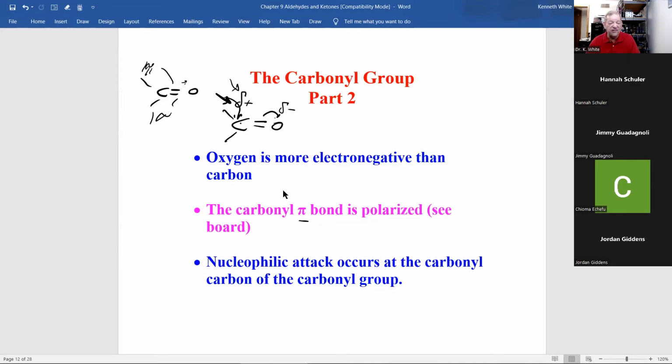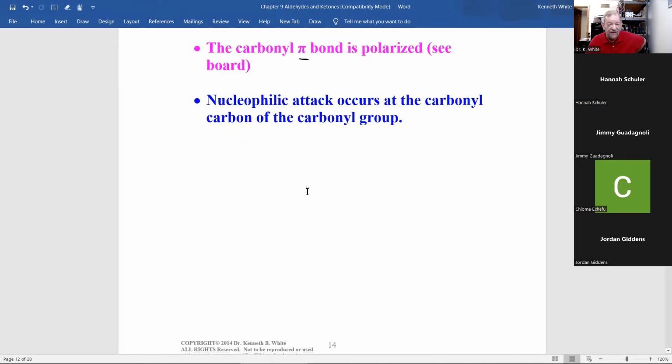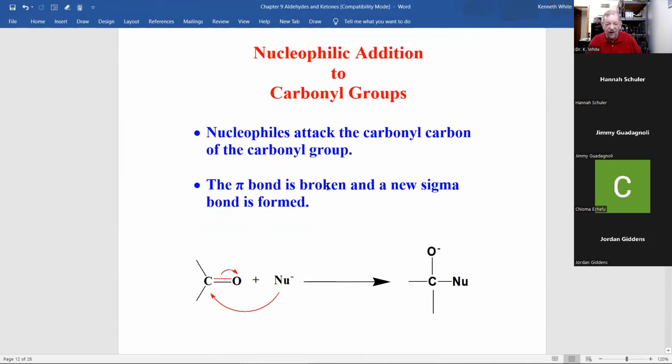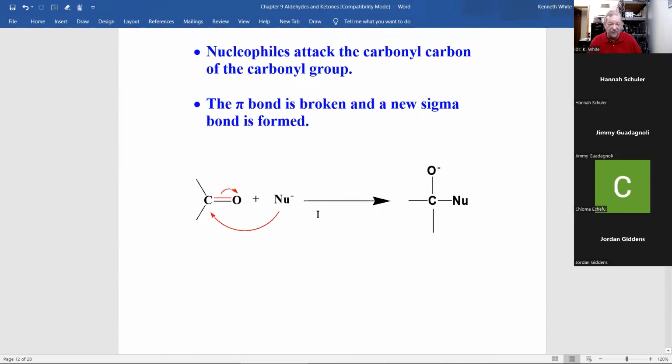And what happens is the electrons go to the oxygen. The switch is still off, and we call this nucleophilic addition to the carbonyl group. If I had a nucleophile with a negative charge or other types, it attacks that carbonyl, and the electrons open up and go on the oxygen.